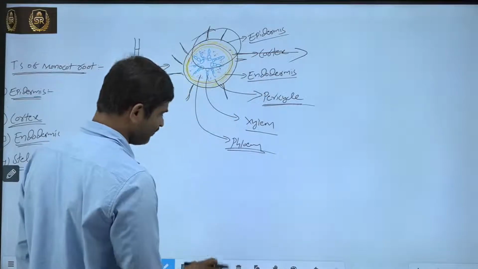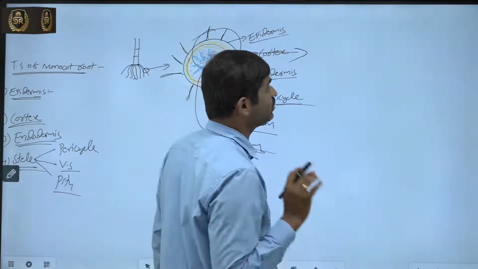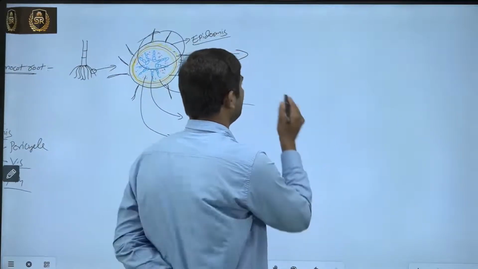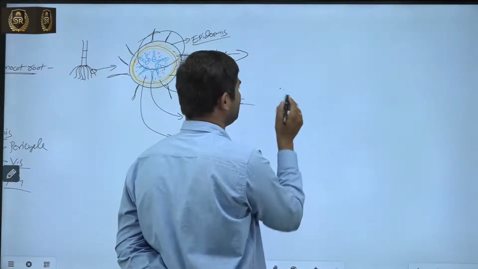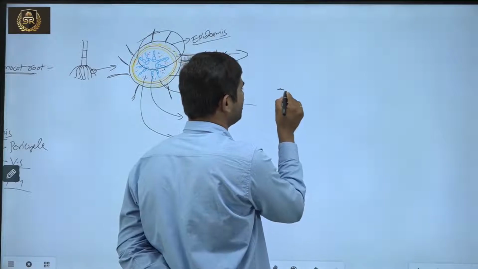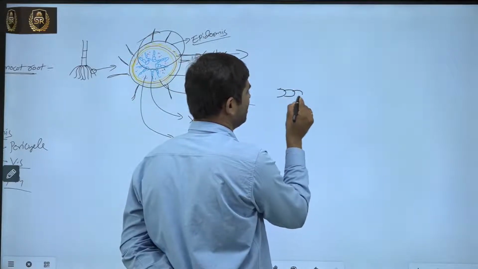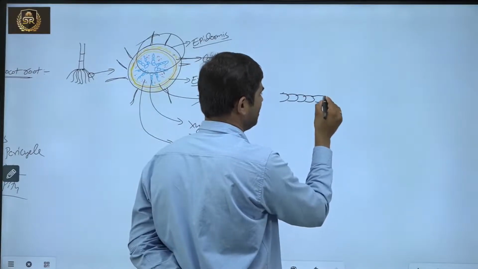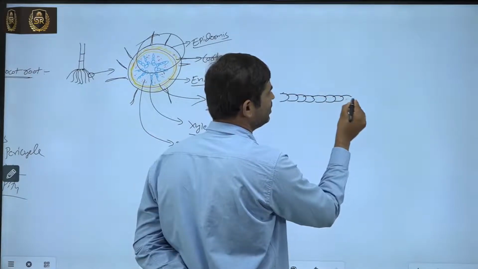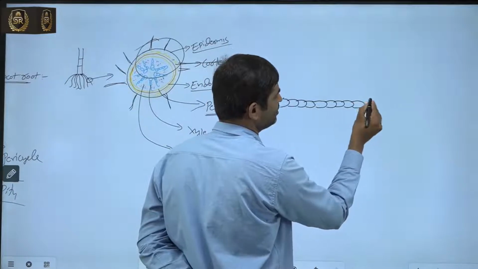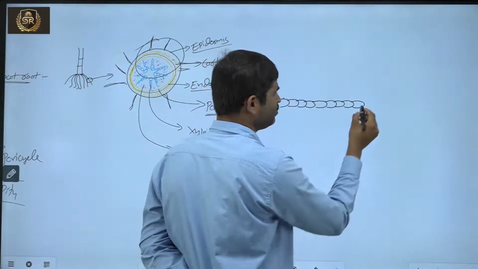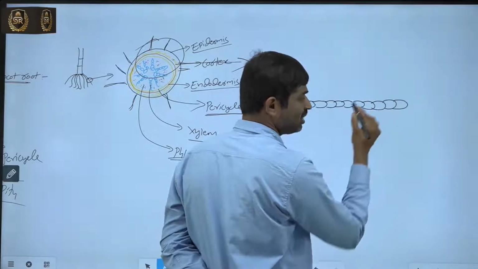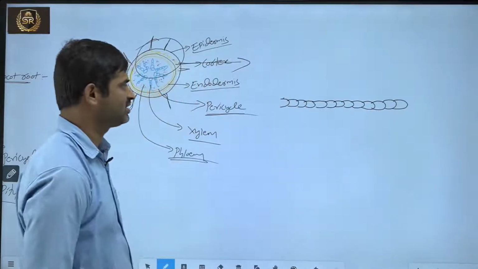Epidermis is made up of a multicellular uniseriated structure.